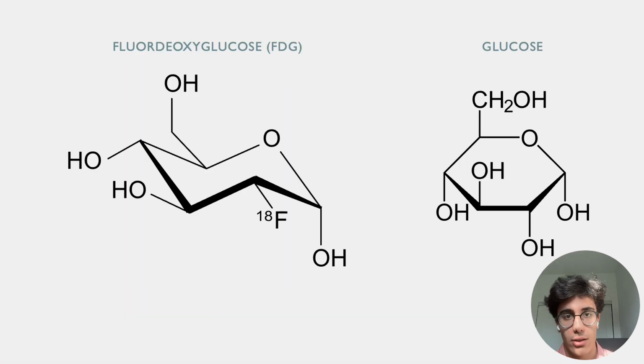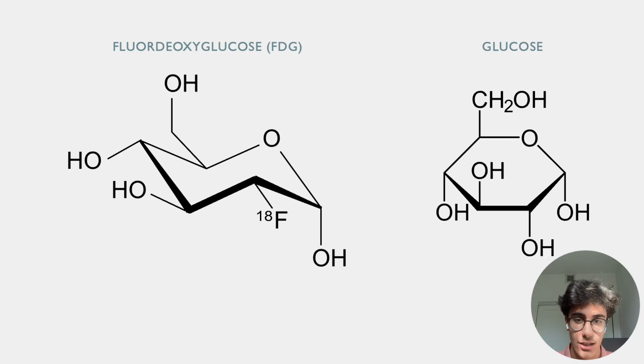Now, I'm going to just quickly talk about the difference between FDG and glucose. So on the left, we have fluorodeoxyglucose, and on the right, we have regular glucose. The major difference between FDG and regular glucose is on their second carbon here. In regular glucose, an OH group is connected to the second carbon.